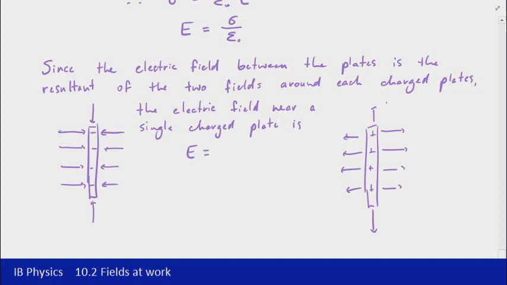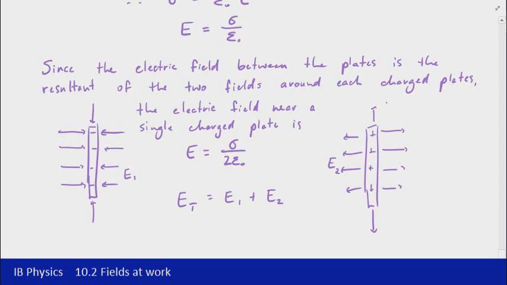So E will be equal to sigma over 2 epsilon naught, so half of the value that we had. And if you think about that, if the field in this region here was given by that quantity, and the field in this region here was given by that quantity, then the total would simply be, let's call this E1 and E2, E1 plus E2.